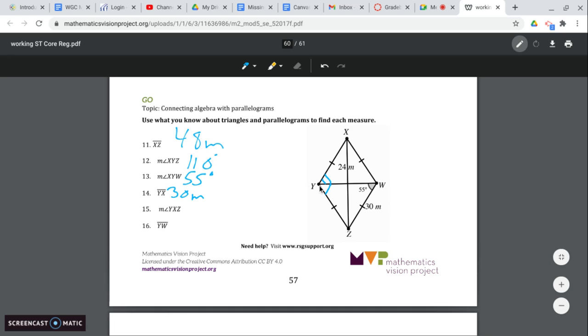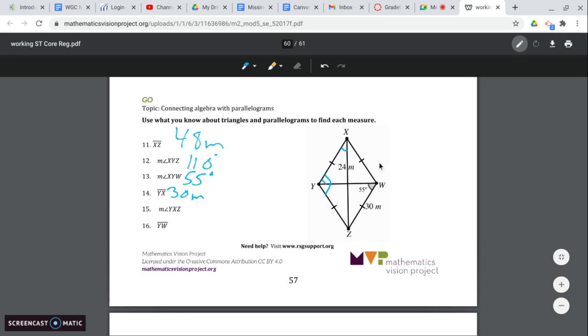Now, our next angle, we have YXZ. Yeah, YXZ. Sorry, I was looking at that weird. So just this little angle in here. We know with parallelograms that consecutive angles add up to 180 degrees. So if this is 110, 180 minus 110 is going to give us 70.